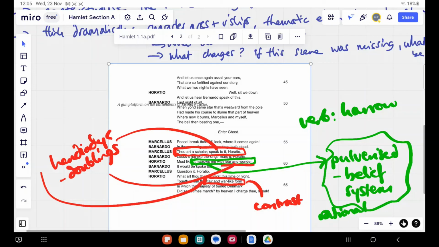So there's that understanding that he looks like buried Denmark, i.e. old Hamlet. "By heaven I charge thee speak." It's interesting that there's an appeal to God there. By heaven I charge thee speak. So again, that might be running from the rational to the safety of religion there.